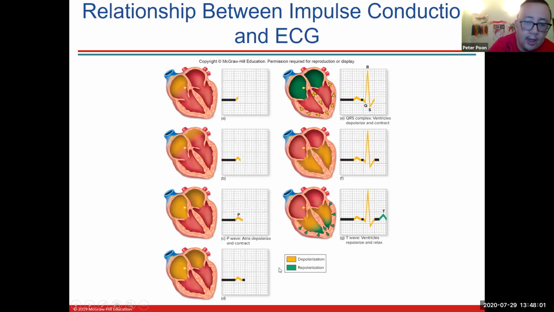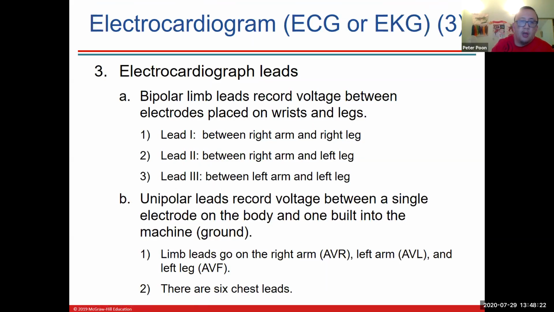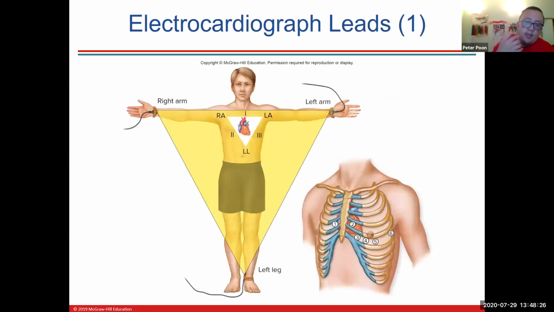And so that causes depolarization. Here it goes to the AV node that causes the ventricular depolarization, and then finally the repolarization. All right, so you look at the leads where you hook them up to read these.